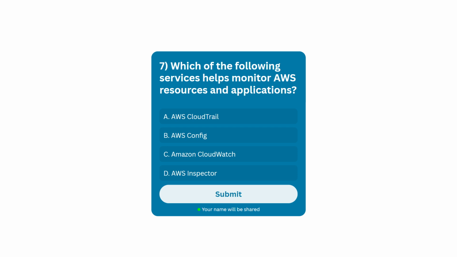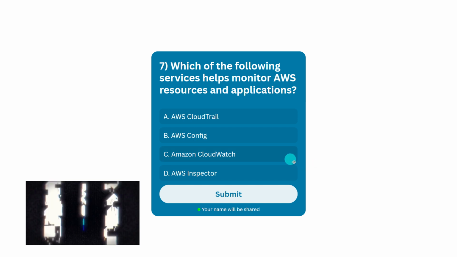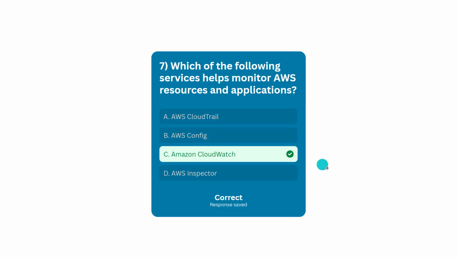Which of the following services helps monitor AWS resources and applications? Amazon CloudWatch. CloudWatch monitors AWS resources and applications using logs, metrics, and alarms.